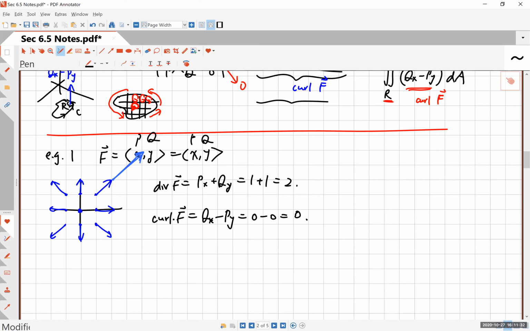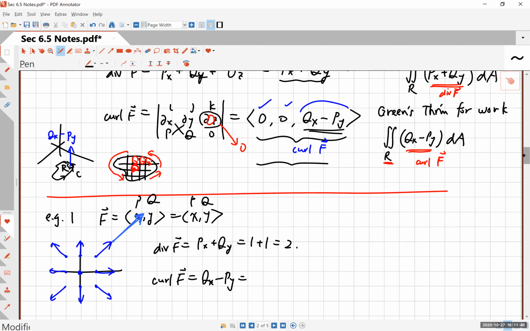And so, you know what, I should be more careful here. What I calculated is the last component. Remember, technically the curl, even though F is two-dimensional, we are considering this to be embedded in three-dimensional space.